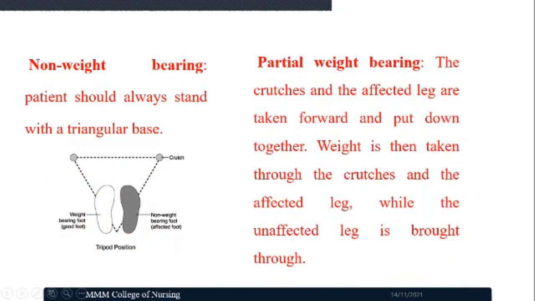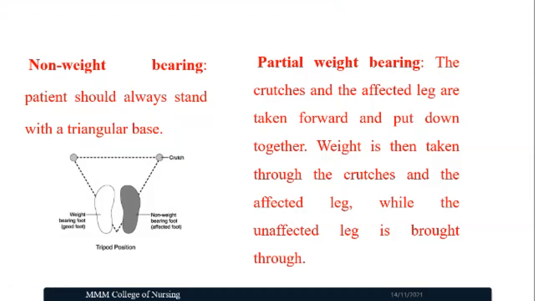The next one is partial weight bearing, where the crutches and the affected leg are taken forward and put down together. Weight is then taken through the crutches and the affected leg, while the unaffected leg is brought through. Here, the majority of the weight is borne by the unaffected leg first. Then the crutch as well as the affected leg will be moved forward. So these are the two types of weight bearing: non-weight bearing walking and partial weight bearing.